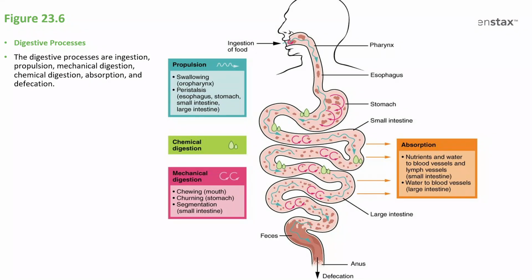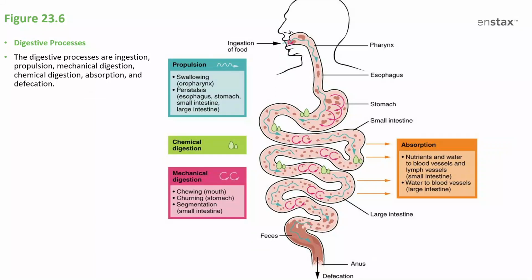You have chemical digestion as well, and you can see that largely in the intestines, more specifically the small intestines. You also have absorption in the small intestines, and water can move to blood vessels in the large intestines.